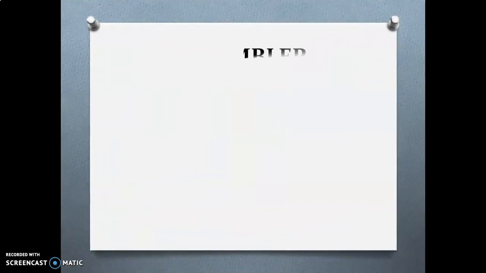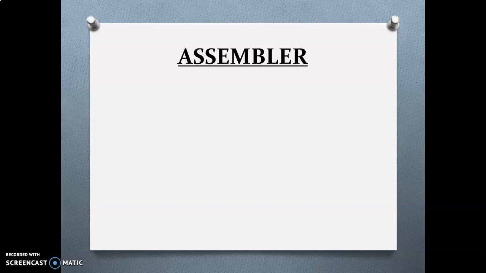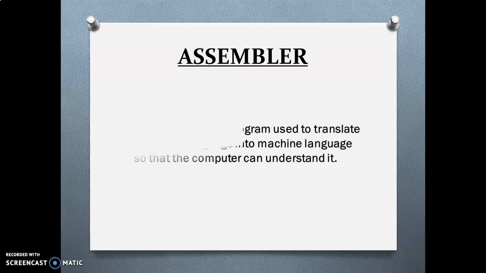So, the first programming software is assembler. What is an assembler? Assembler is that program which is used to translate assembly language into machine language so that the computer understands.